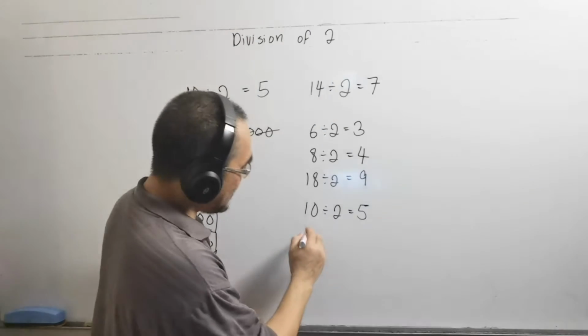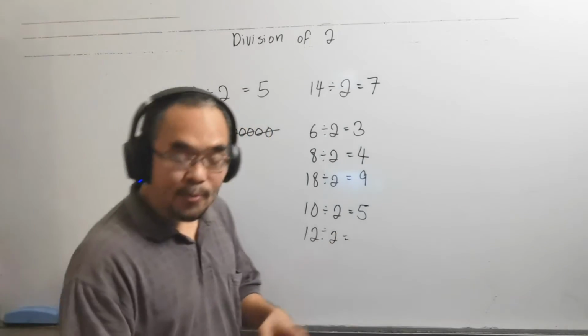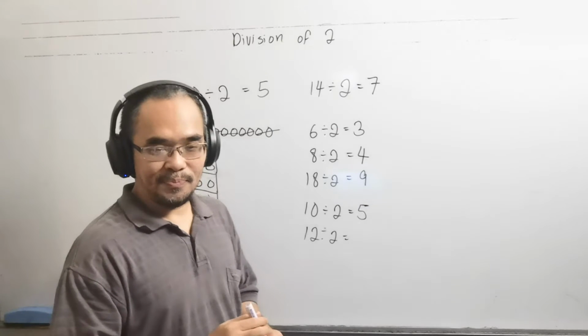Okay. Alright. So how about 12 divided by 2? I want you to do the simple way. You read multiplication of 2 until you get 12.